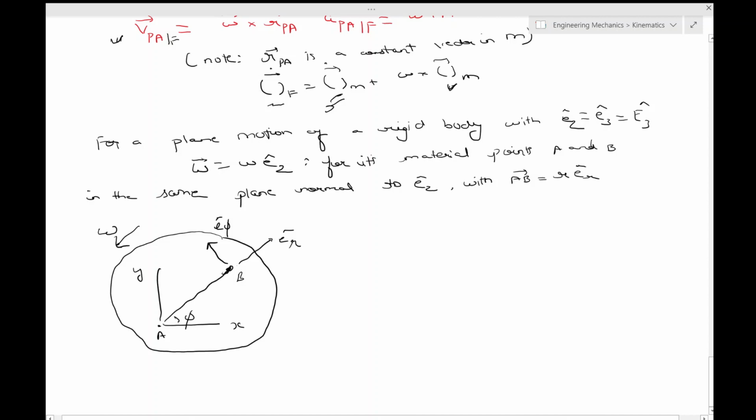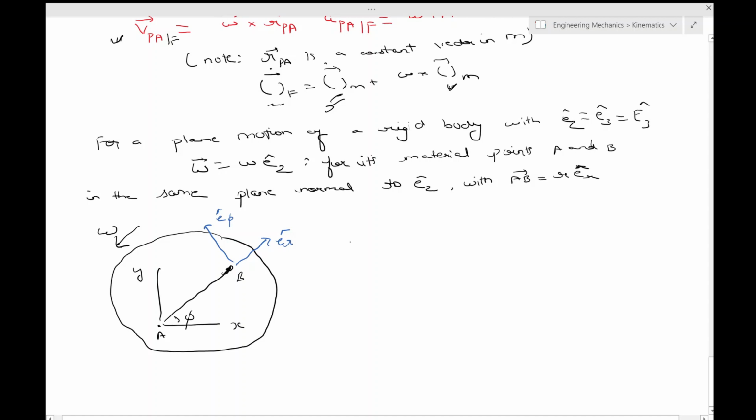Okay, so AB will be equal to R ER. Now you have seen how ER and E phi are also defined over here. Let me show this coordinate system with a different color.